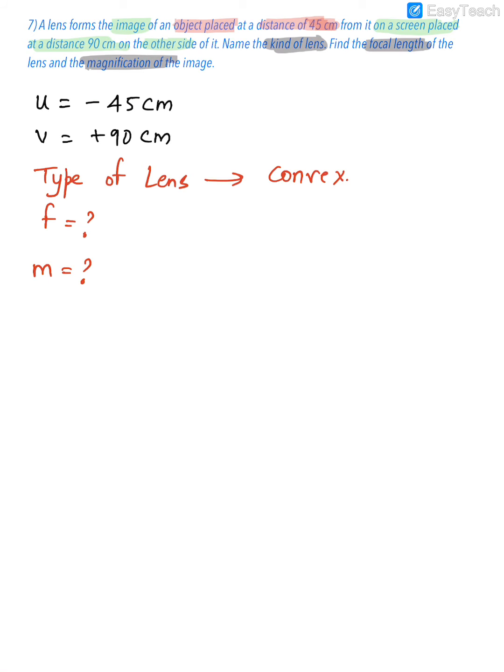So when you solve, your focal length for this problem should come to 30 centimeter. So actually what will be your answer? That f is equal to plus 30, correct? And what will be the magnification? It will be minus 2. So magnification is minus 2.